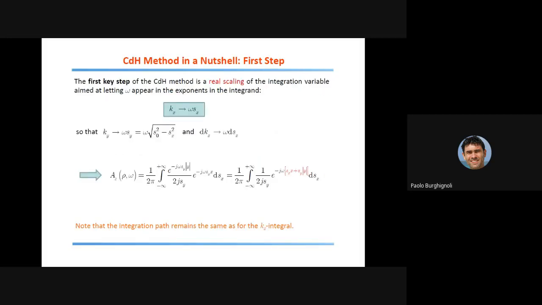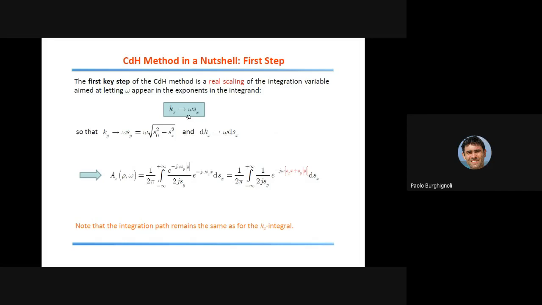Let us see in a nutshell the essence of the Cagniard-de Hoop method, and then after the break we will see the details. The first step of the method consists in scaling the integration variable by introducing the radian frequency. So instead of kx, we will integrate with respect to sx. S stands for slowness, of course.